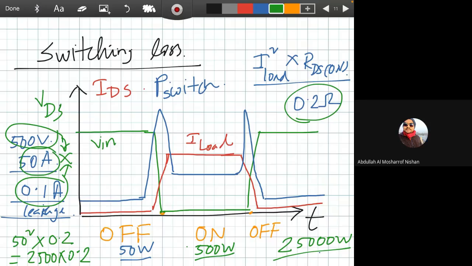It's 0.22. Sir, 2.2%. 2.2%. Good. So most of the time we find the inverter efficiency around 95 to 96%. So this is not a big loss actually.